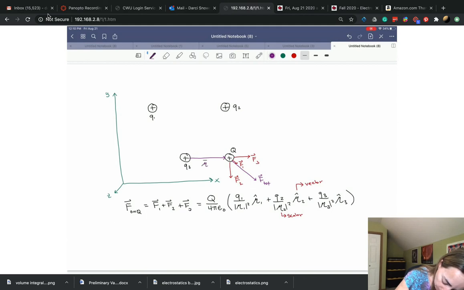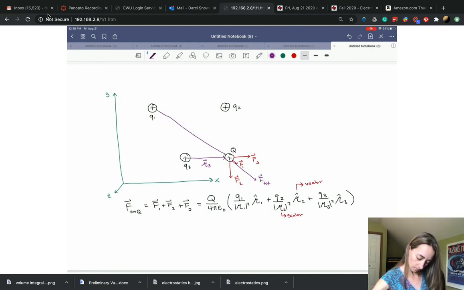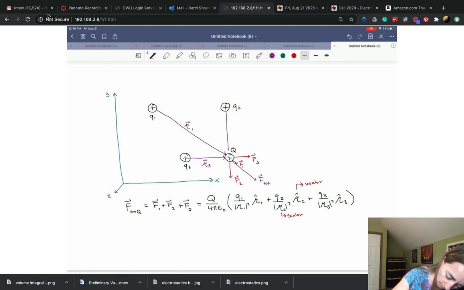So this one would be R3. Draw this pretty straight. You want to make sure you get the vectors pointing from the source charge to the test charge. And this guy here. There you go.